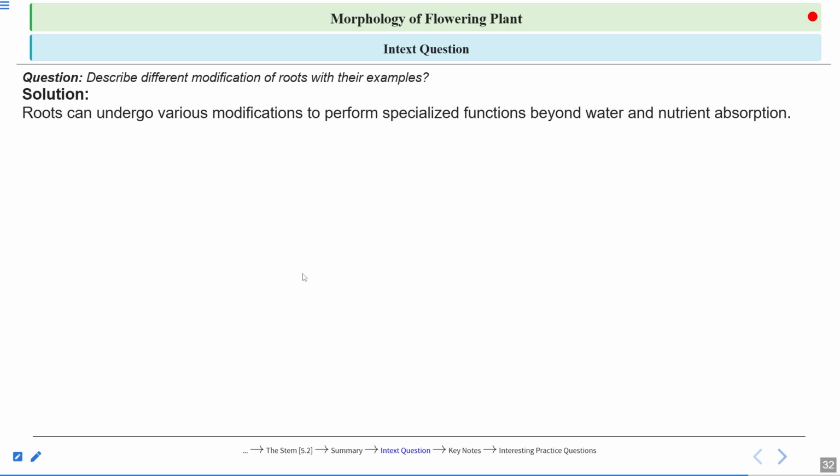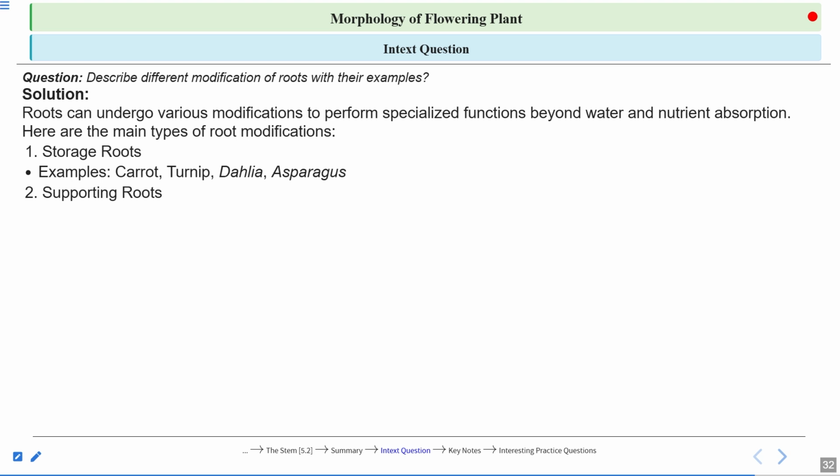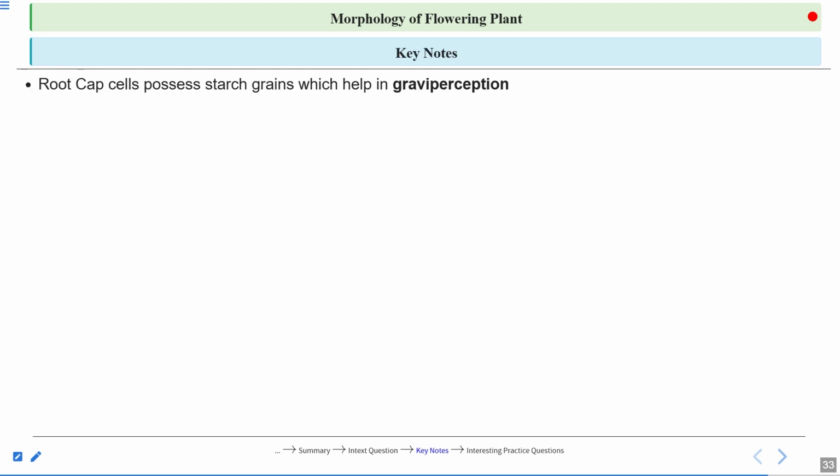Roots can undergo various modifications. This we have already covered. Key notes: root cap cells possess starch grains, which is called gravity perception. This is a very, very important point. What is gravity perception?